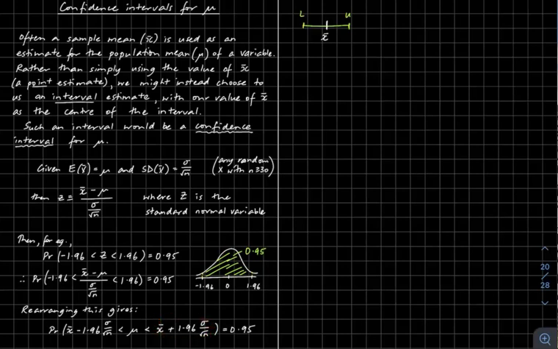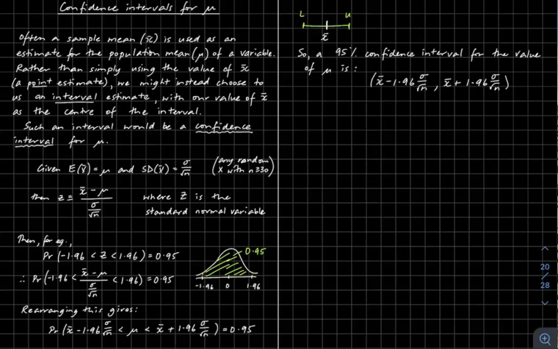So what we have now is an expression which says that there's a 95% probability that the population mean will lie between this value and this value here. And these are now involving x bar and sigma in this case. We'll extend that a little bit in a moment.